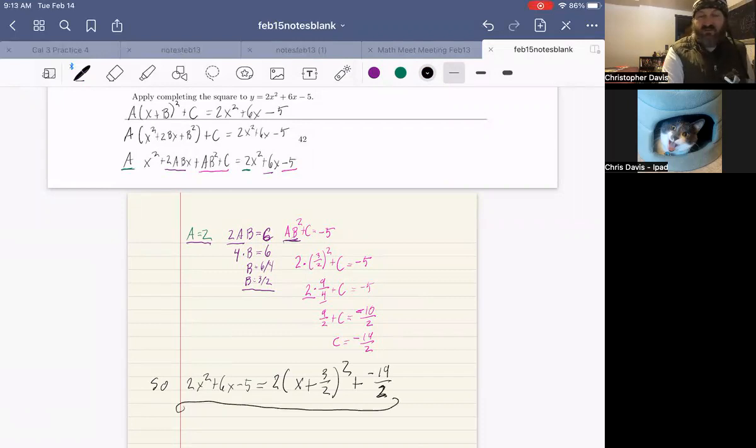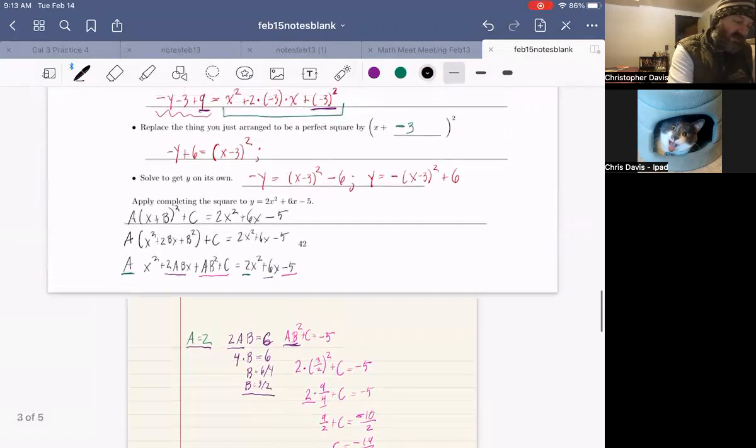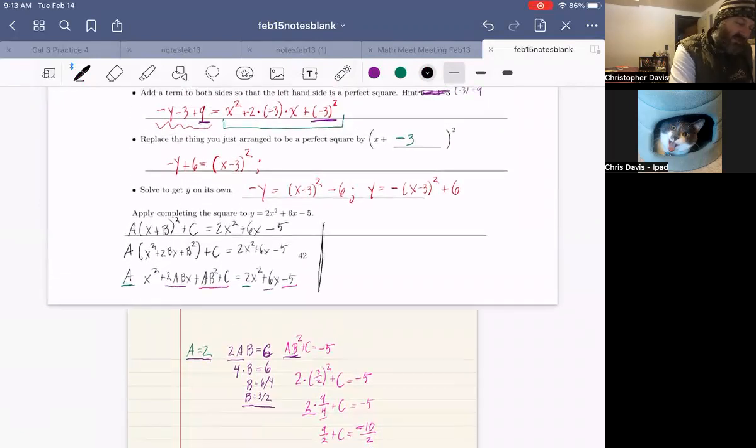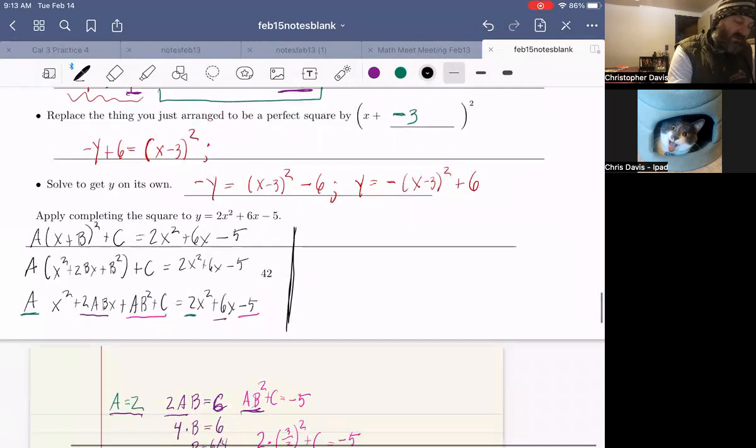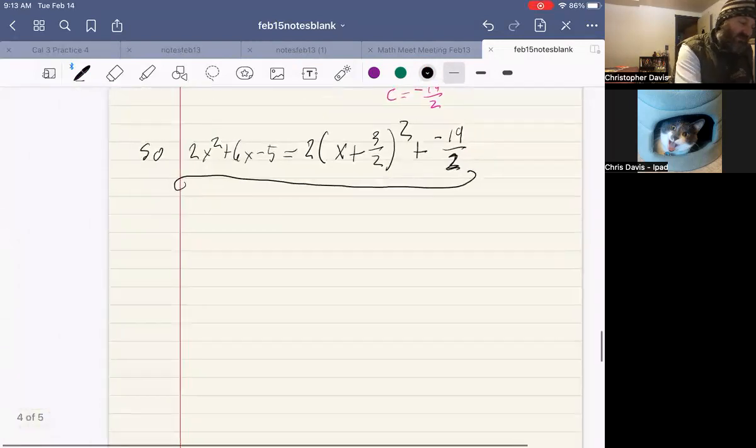Nice. So there's one. Let's do this the other way also. So let's start with, I guess, strategy 2.